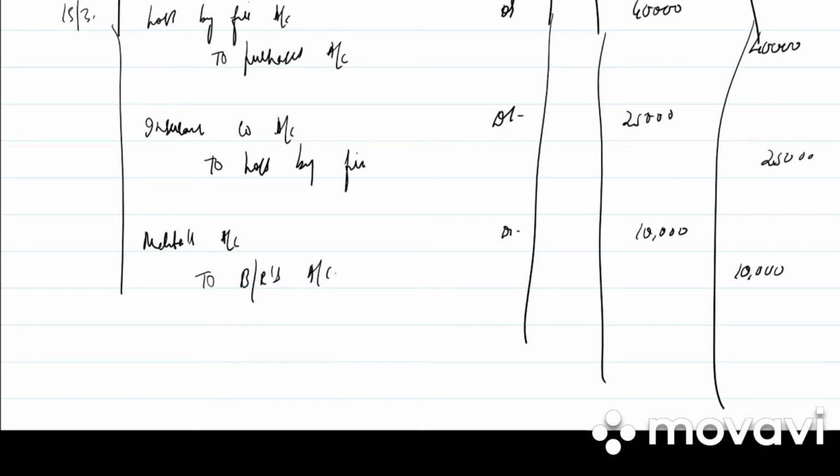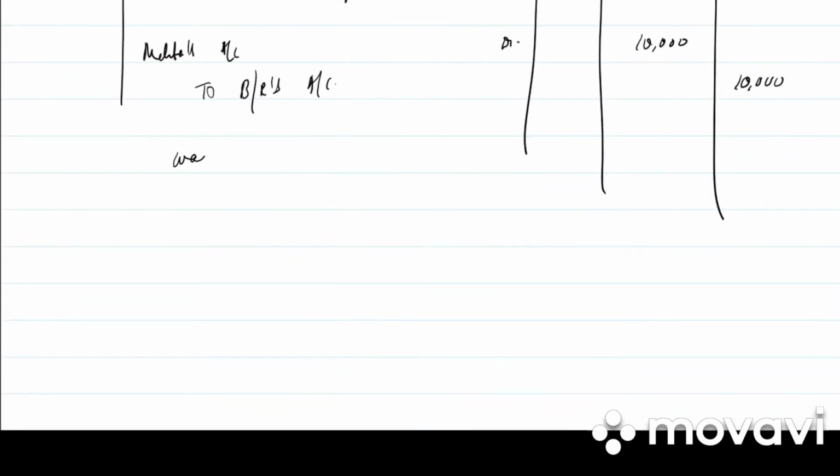Then 31st March, wages outstanding for March 2010, 15,000. So journal entry, wages account debited to outstanding wages account, 15,000. So write the narration, adjustment for wages outstanding.